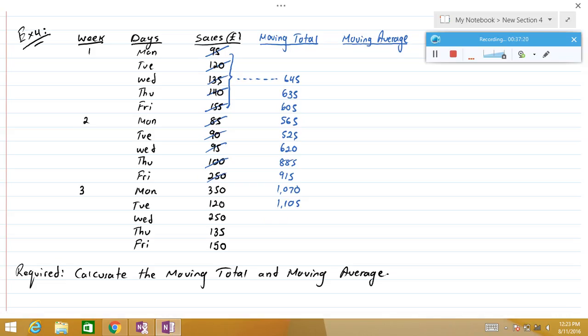Check, is it correct? Okay, now. How about moving average? How much you get? 100? 120? 128?